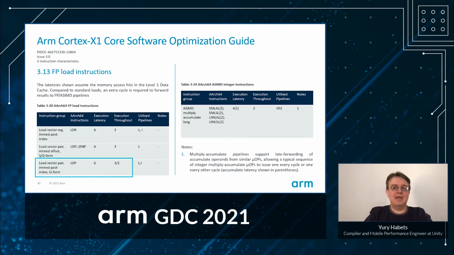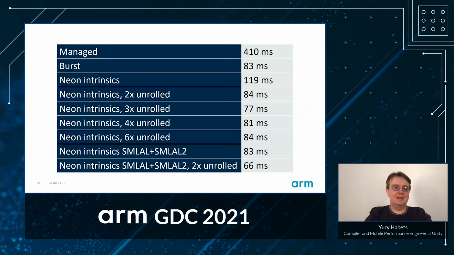Now let's run on Android device and see what we can get. Great! The more unrolled variants are at least as performant as bursted code, and that's really great. I tried it out on a few phones, and I must say the performance of the unrolled options varies from device to device.